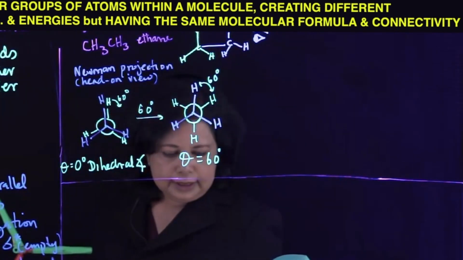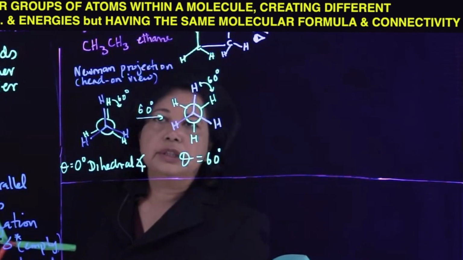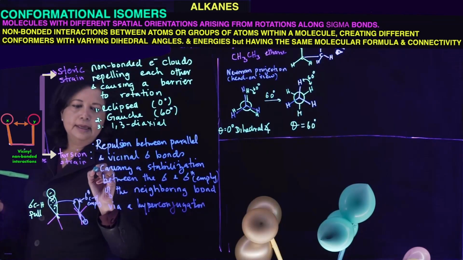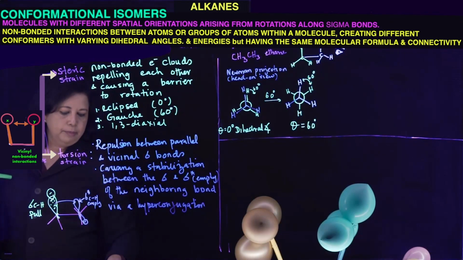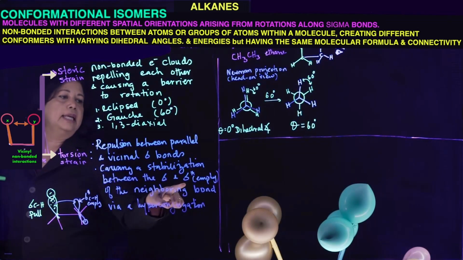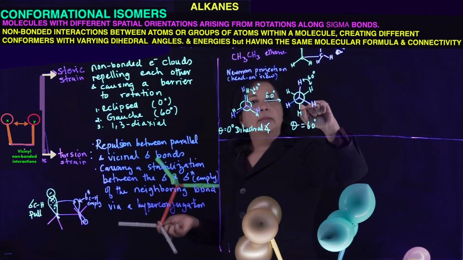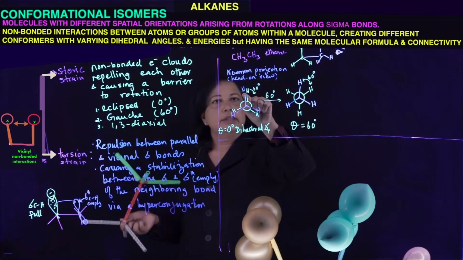Now they have calculated, again, these are computational calculations, how much energy is released when you go from this repulsive interaction to this stabilization interaction. Here the anti-bonding orbital of this CH is stabilizing this CH, and here this is repelling.